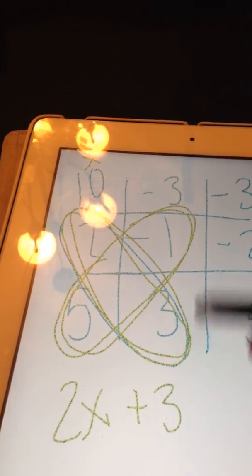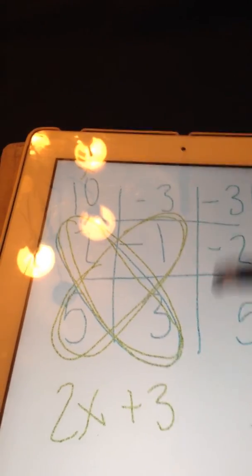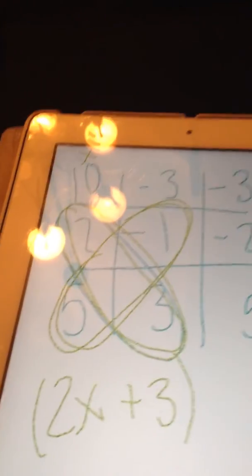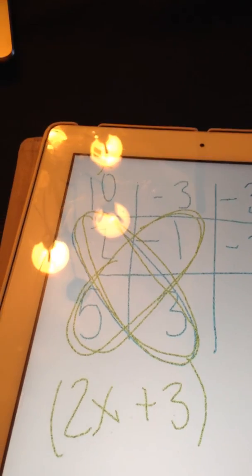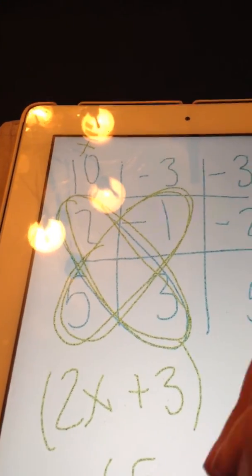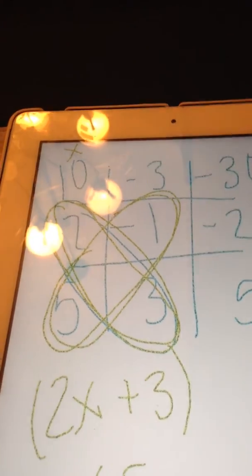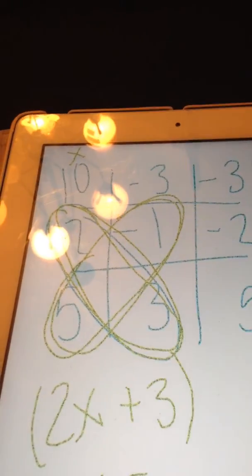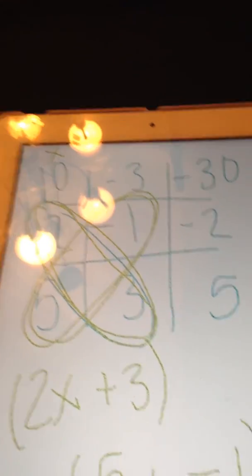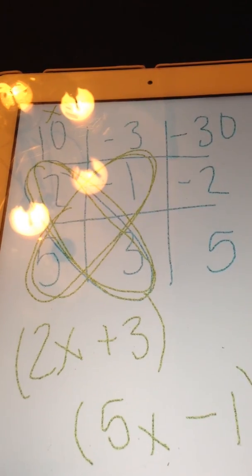So we're going to use whatever the number is, positive or negative. And we're going to put that in parentheses because we're going to multiply it by the 5, and we're going to put an x because it's in the x column, and we're going to do minus 1 in parentheses. And these will actually be right next to each other like I showed you earlier. So this is a great example of the factoring method.